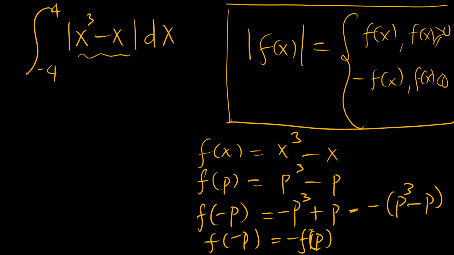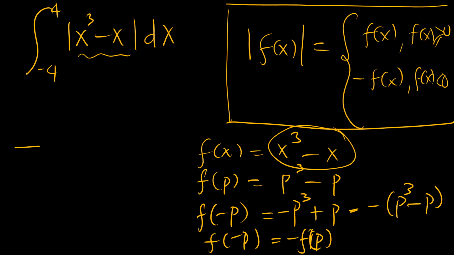This tells us that all values on the positive side have an image of x cubed minus x that has a negative corresponding value attached to the same value on the negative side of things.